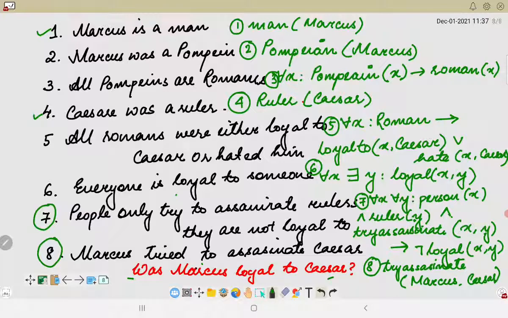We can solve it using either 7 and 8, or we can also combine 1 and 4 along with 7 and 8, because we also need to find out whether Marcus is a general person and Caesar was a ruler or not, right?